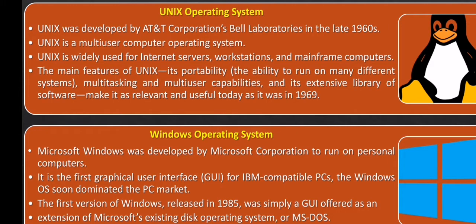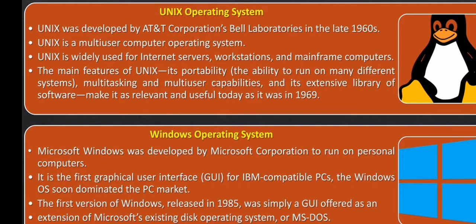The Unix operating system was developed by AT&T Corporation's Bell Laboratories in the late 1960s. Unix is a multi-user computer operating system and is widely used for internet servers, workstations, and mainframe computers.